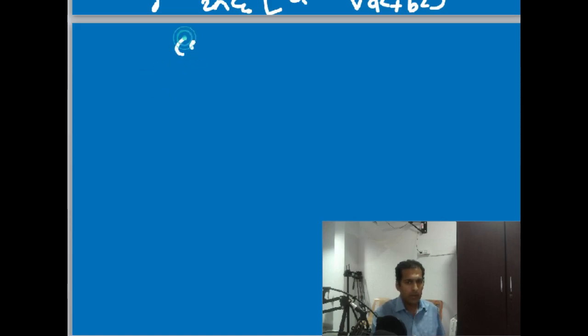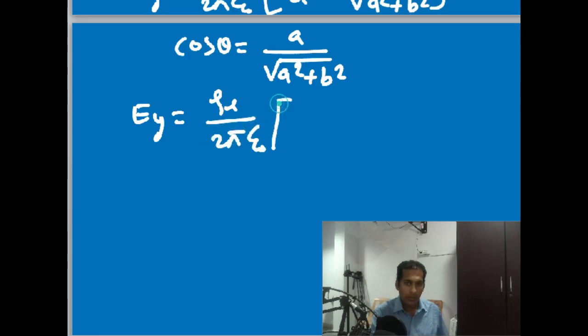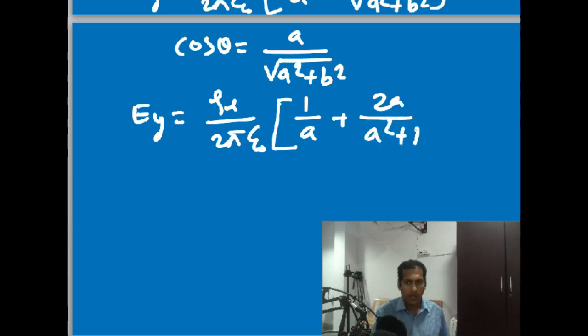Then we have cos of theta equal to a by square root of a square plus b square. So EY will be equal to rho L by 2 pi epsilon naught, 1 upon A plus 2A divided by A square plus B square.